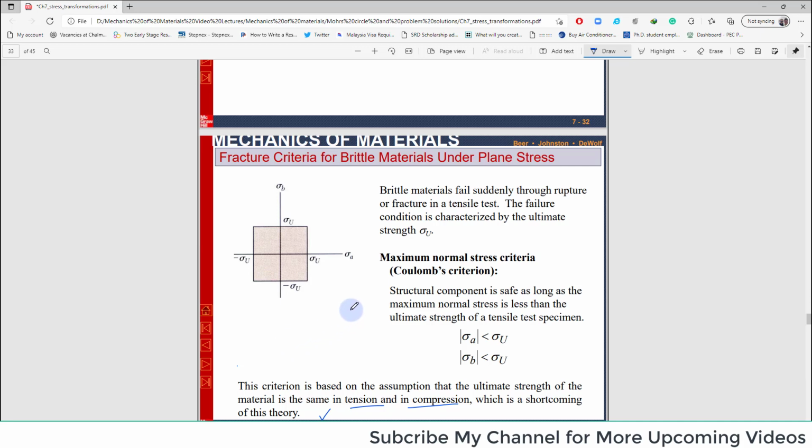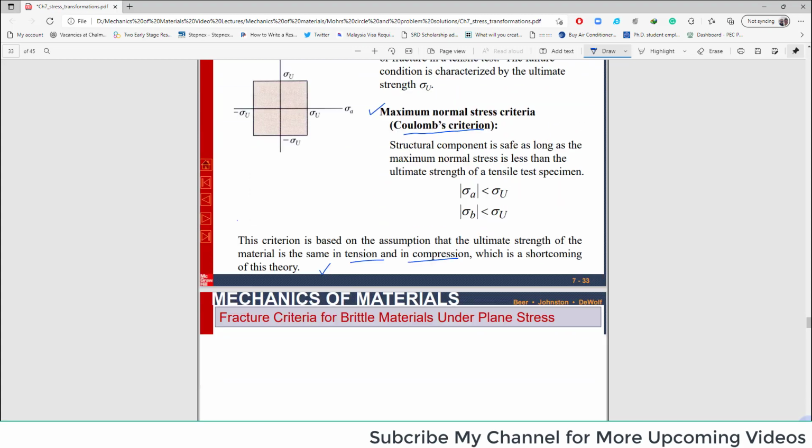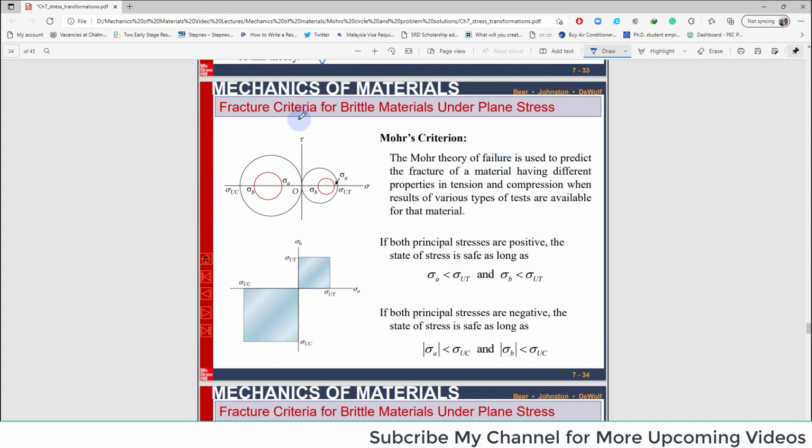Now, in order to remove this limitation of the maximum normal stress criteria, also known as Coulomb's criteria, we will see another criteria known as Mohr's criteria. This is also a fracture criteria for brittle material under plane stress.